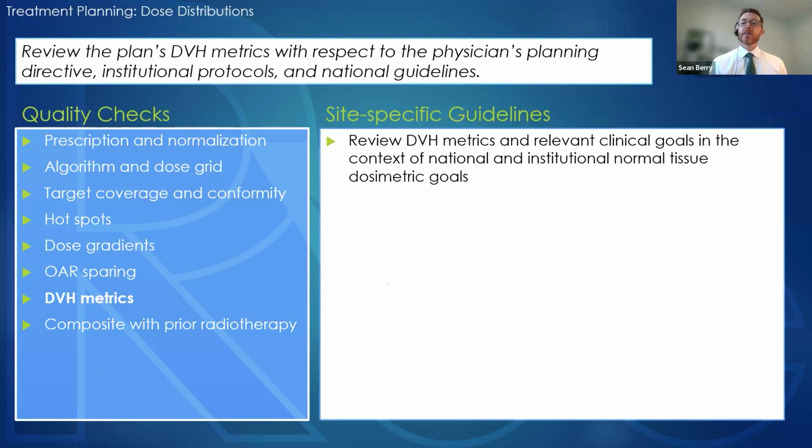But it's always essential to evaluate the DVH in combination with the isodose distribution because the DVH does not have any spatial information about where the dose is. And it also will tell you if you're meeting the goal, but it's really only through looking at the isodose distribution that you see if maybe you could have pushed those structures lower.